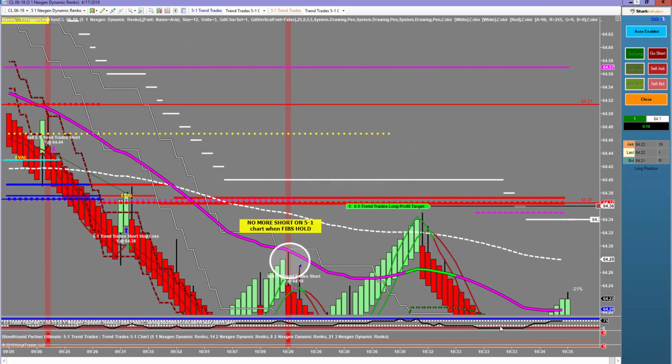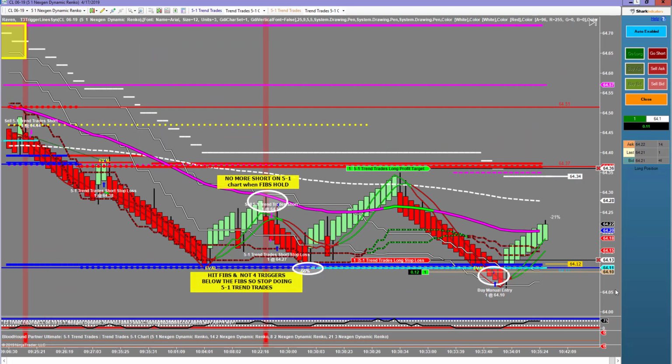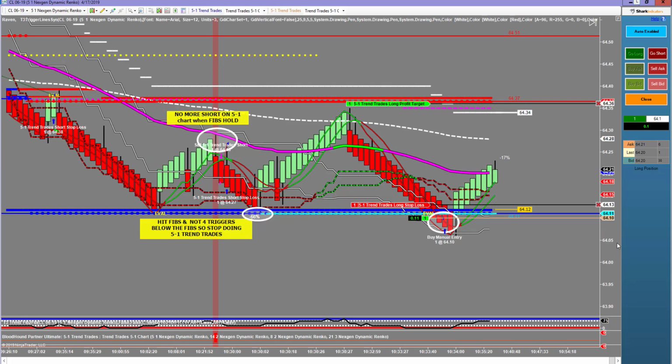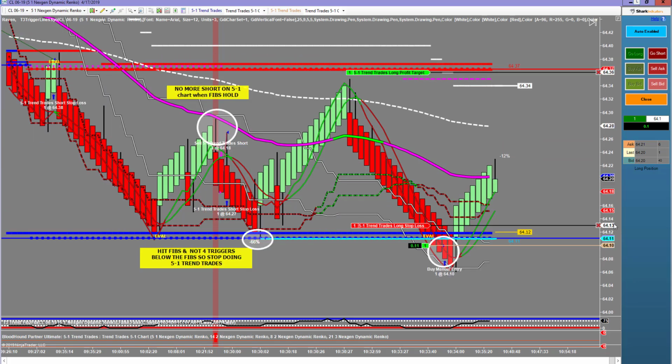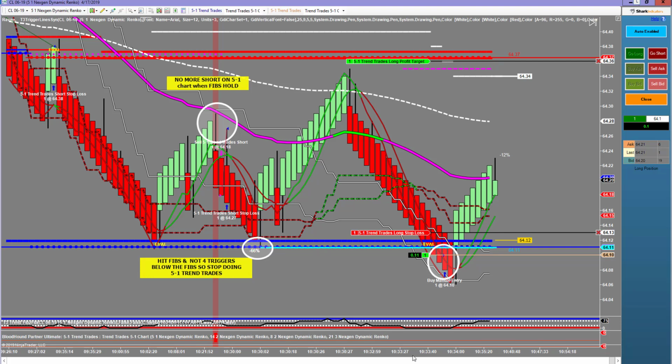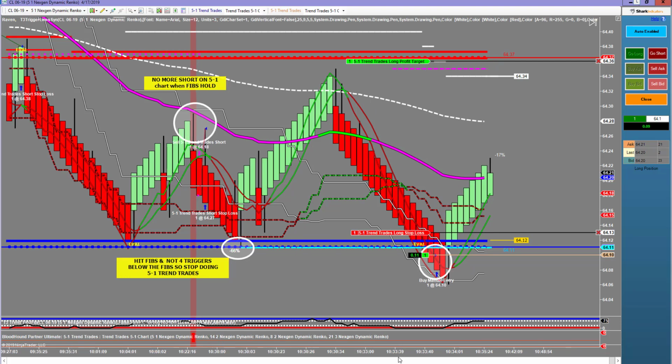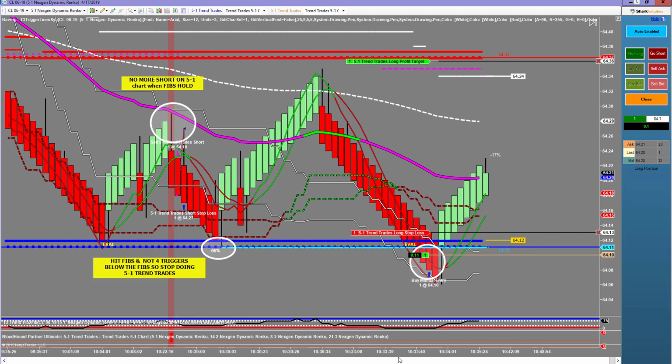And again, it's kind of nice that the market's doing this here, but do you guys understand all of this? This is a mini microcosm of everything that we do, all wrapped into one little fun spot right here. Very graphic, isn't it?